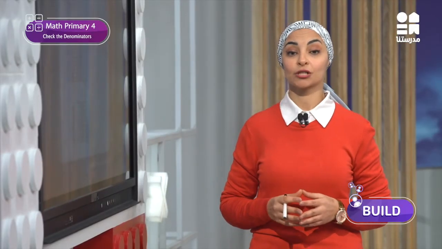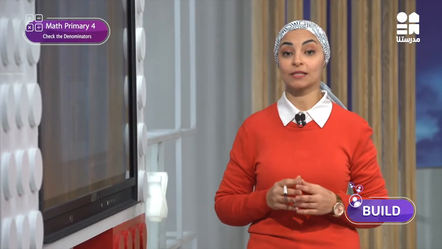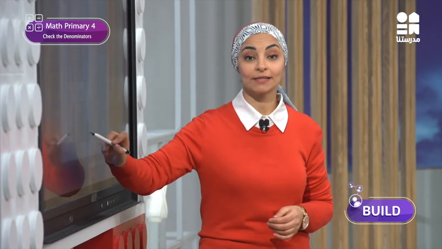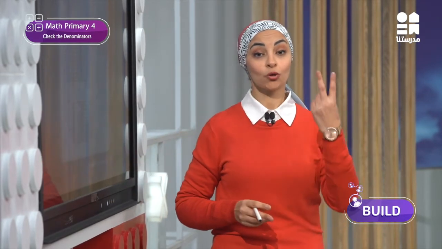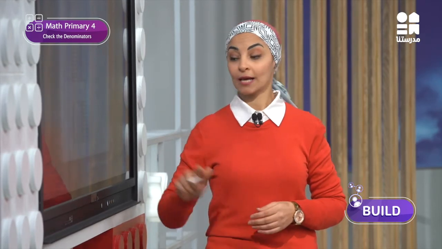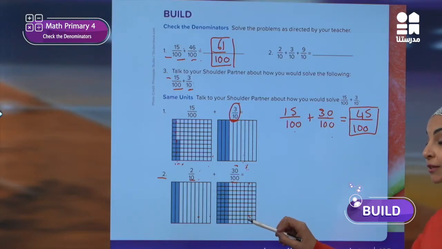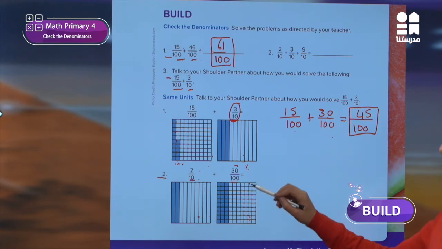الفيرست one الفراكشن بتاعتها 2 over 10 represented by a square divided ل 10 parts right؟ و two of them are shaded. طيب الفراكشن 30 over 100 الجريد بتاعها grade of 100ths يعني متقسم ل 100 parts و 30 squares are shaded. طيب دلوقتي يبقى 3 bars of tenths equals what؟ Yes.